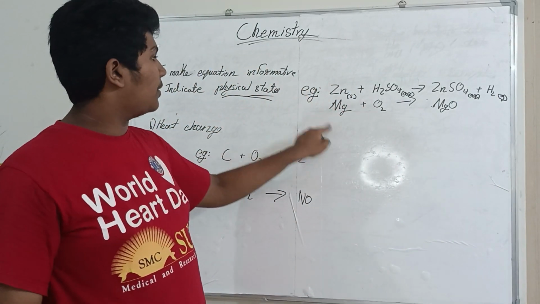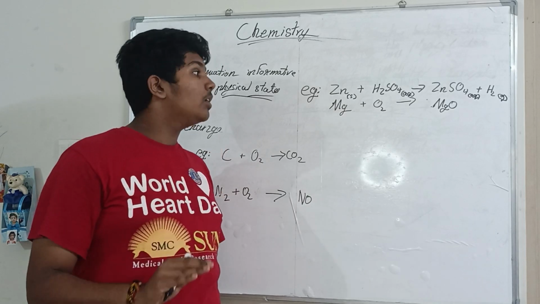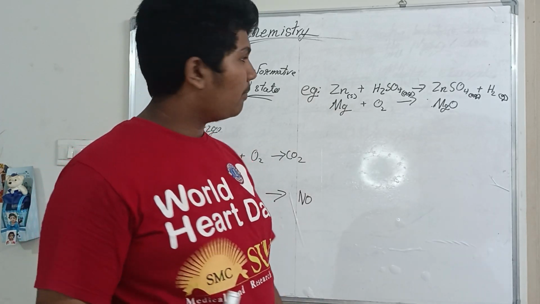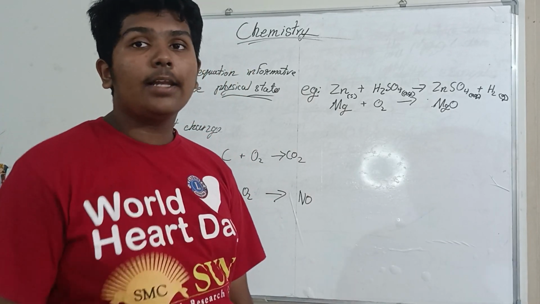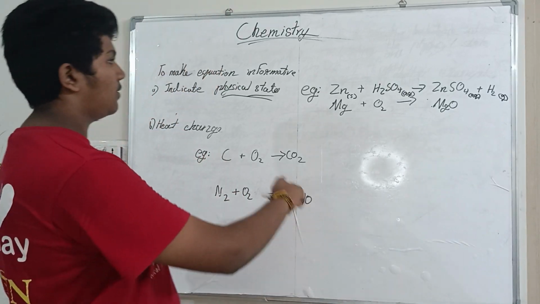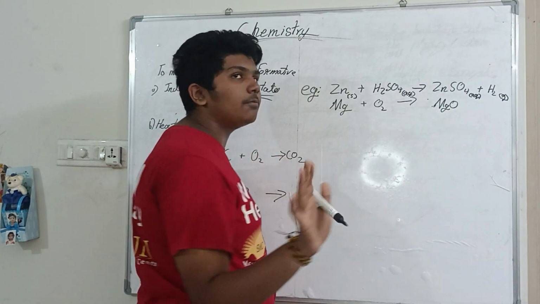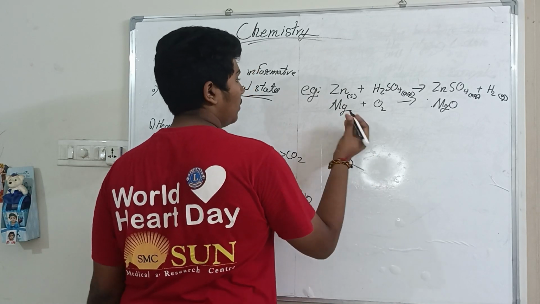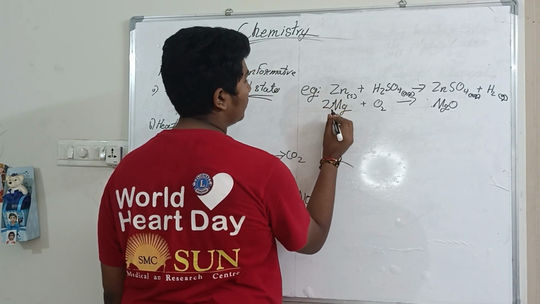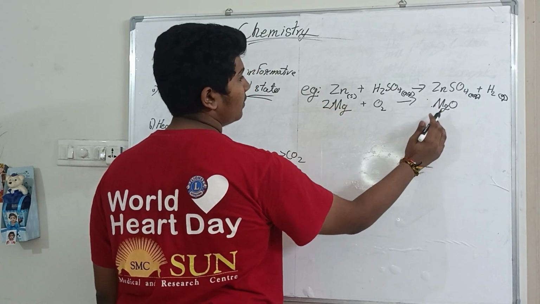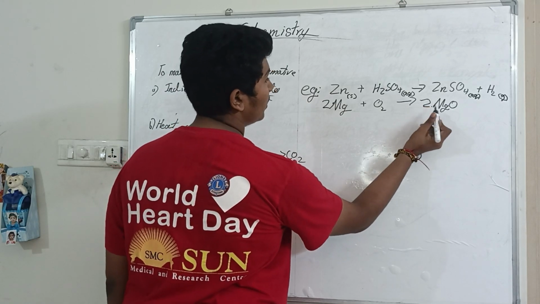Now the next example: Mg plus O2 gives you MgO. But first you have to balance this, right? Because it's not balanced, right? 1, 2, 1, 1. Not balanced. So how do you do it? Add 2 here, and you will get 2 here, 2 here, and another 2 here.